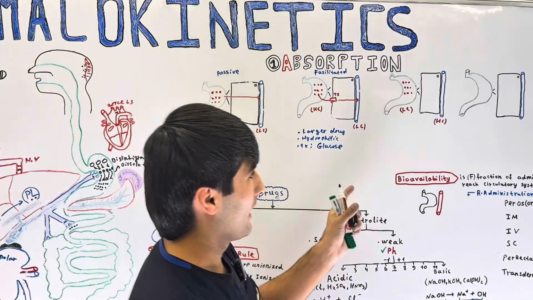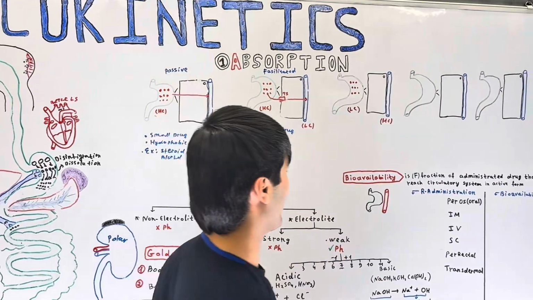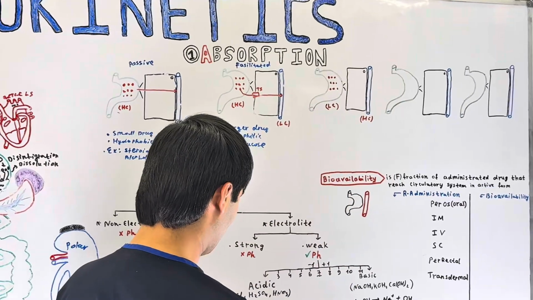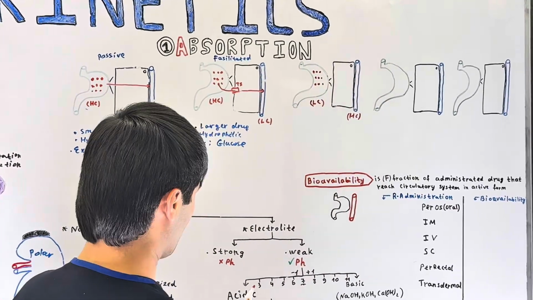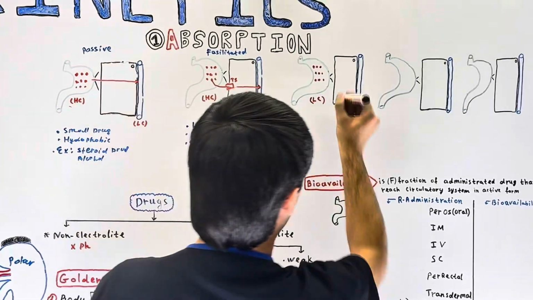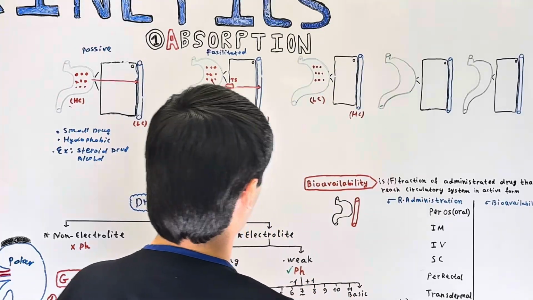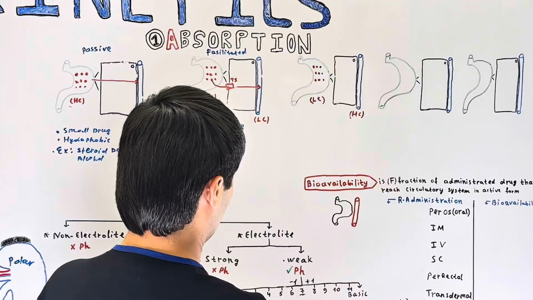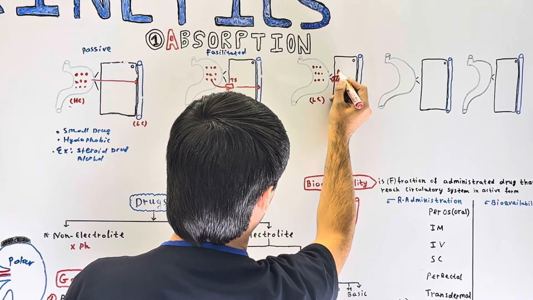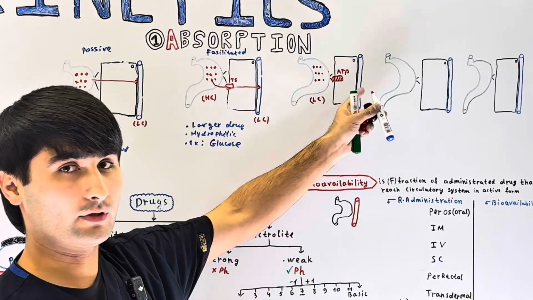It means they go against the gradient, from low concentration to high concentration. But this process requires a source of energy, ATP. Here we need ATP. Without the source of energy, this drug cannot pass to the blood circulation.